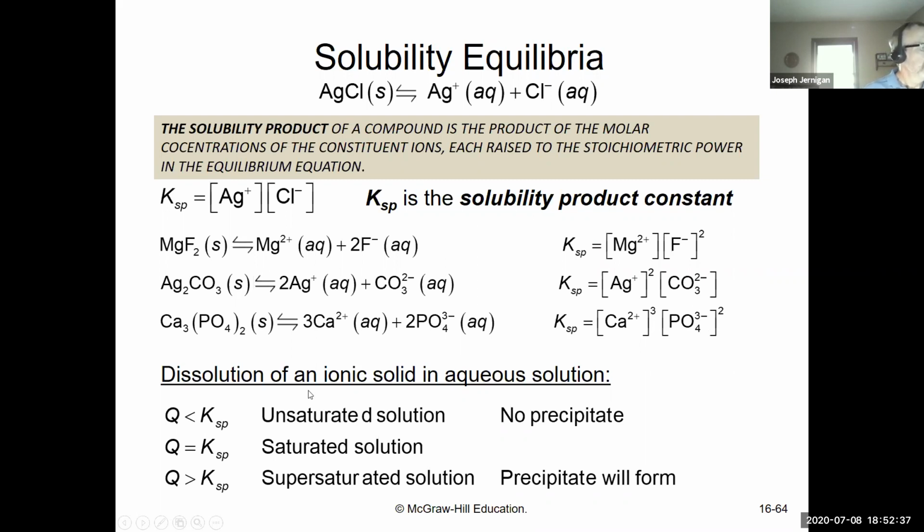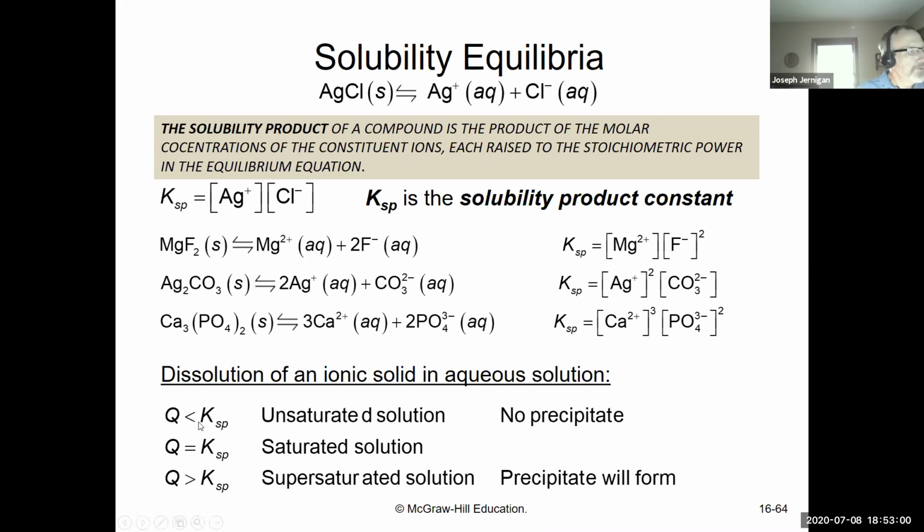Now, dissolution of an ionic solid in aqueous solution. We've got a Q value, just like we had Q in the introduction to chemical equilibria, right? Q is not the equilibrium constant. It can be any value that you want it to be within limits, of course.